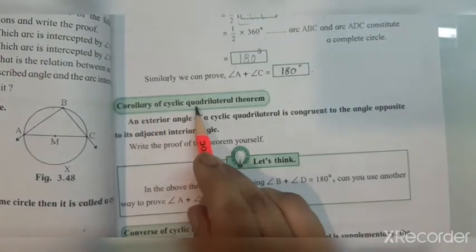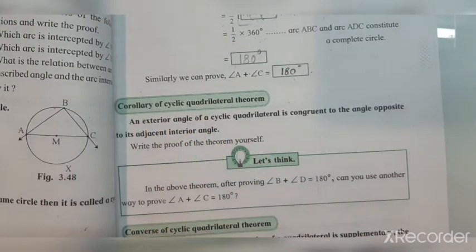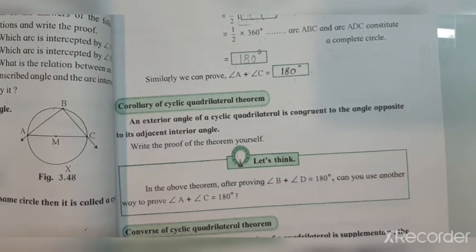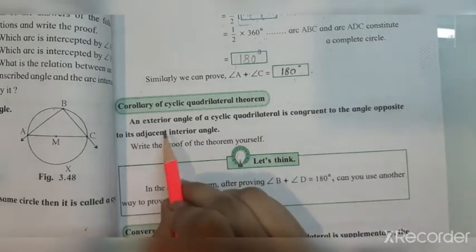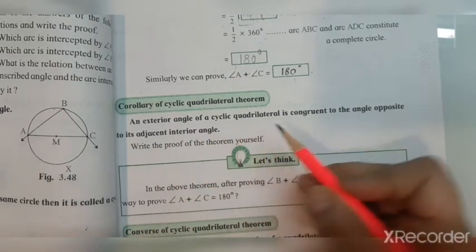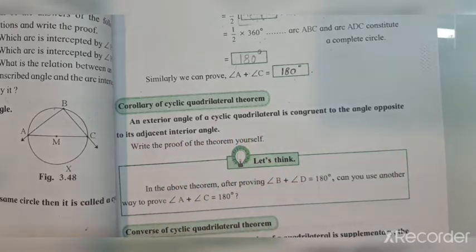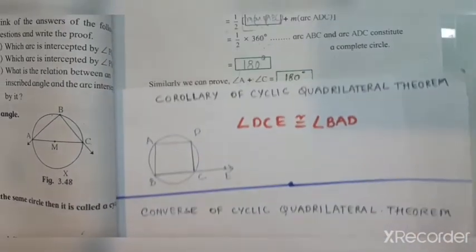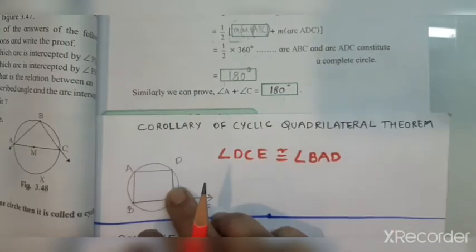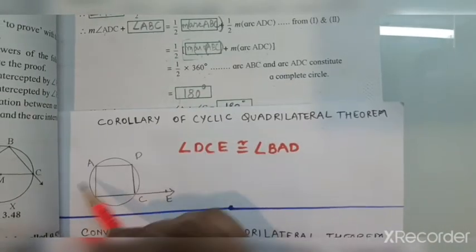After this is a corollary of the cyclic quadrilateral theorem. So what we have derived from the cyclic quadrilateral theorem. Now the statement says that an exterior angle of a cyclic quadrilateral is congruent to the angle opposite to its adjacent interior angle. Now what is it? If you see here, I have taken this figure. This is a circle.